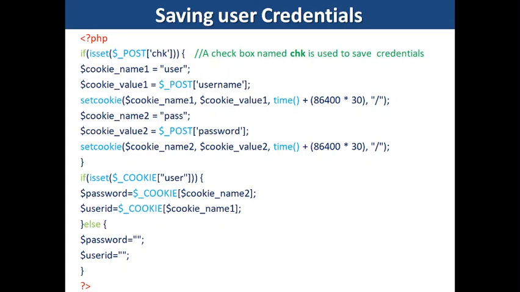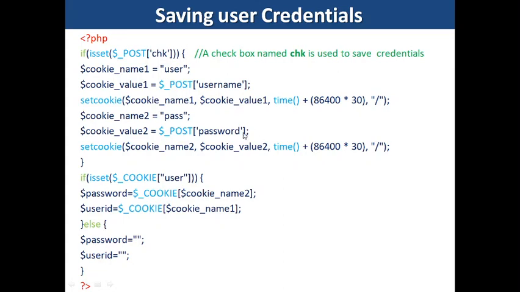If that is checked, then we'll save the information of this user ID and password within the cookie using the set cookie function. The cookie will be available throughout the full project folder, and will be alive for 30 days. Similar to this user ID, we'll save the password as well.